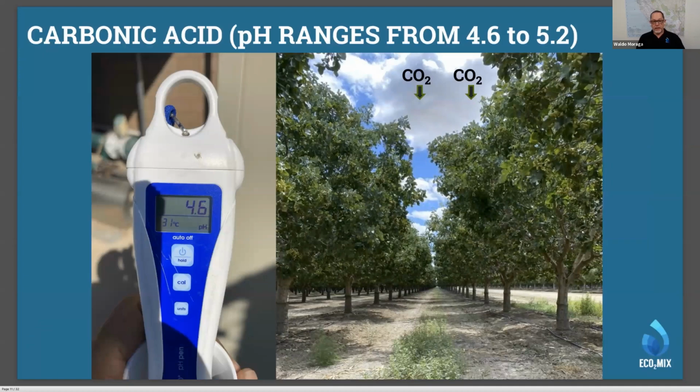As you can see in this slide, in nature carbonic acid ranges from around 4.4 to 5.5, but if you force the dissolution of more carbon dioxide in water, you can reach a pH of 4.6 to 5.2 in a pressurized system, fully dissolving carbon dioxide.